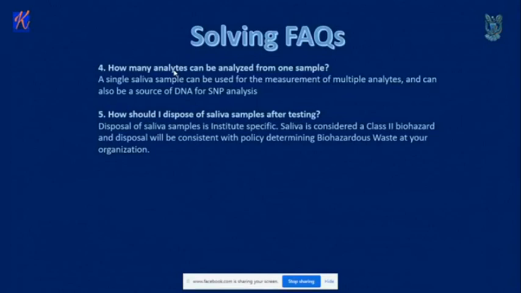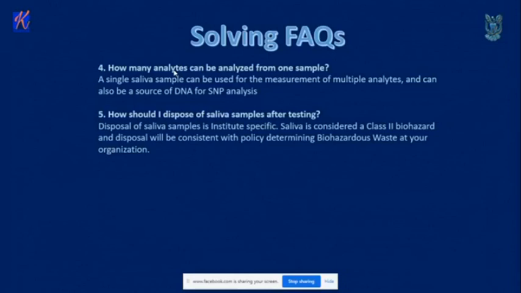Well, another question is, how many analytes can be analyzed from one sample? Well, a single saliva sample can be used for the measurement of multiple analytes. And if you are looking for DNA, you can use the same saliva sample, like whole saliva, for DNA analysis also.